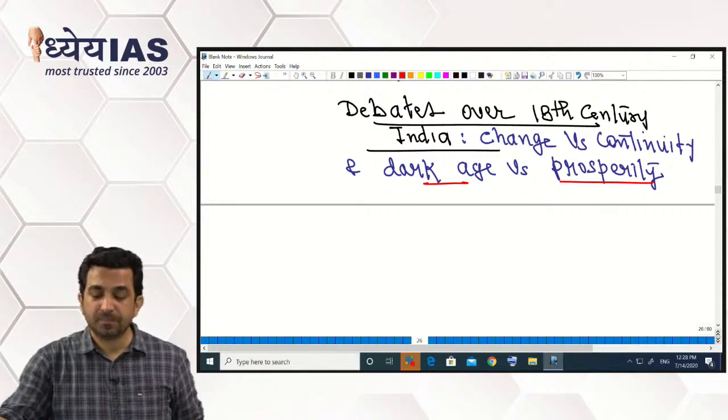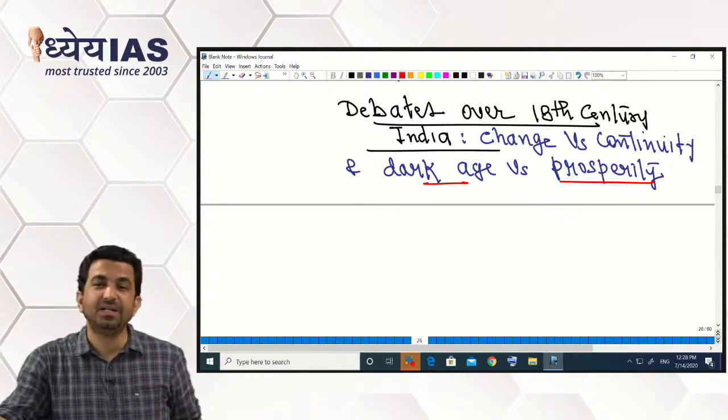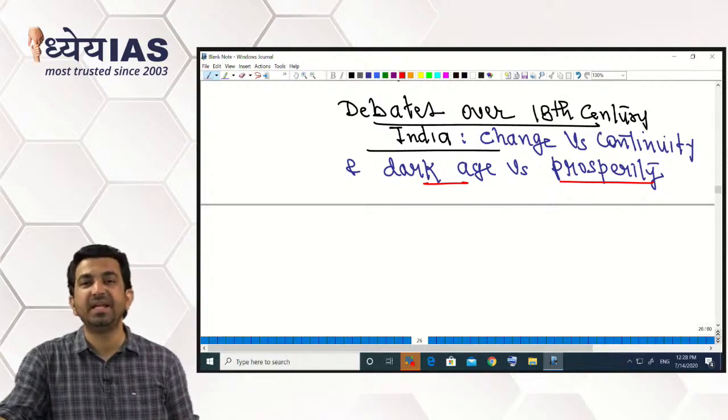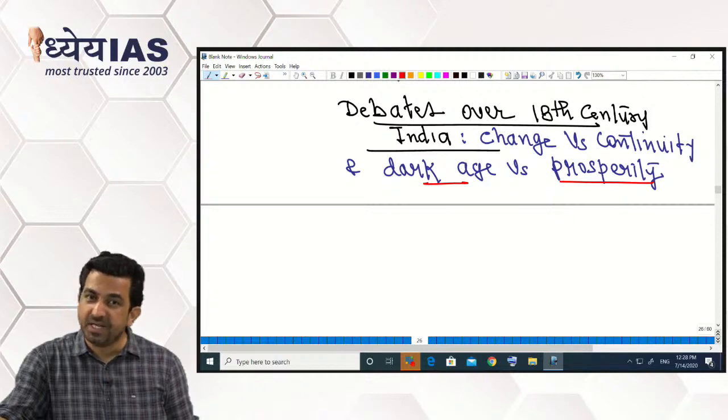Once the Mughal Empire was very powerful, but in the beginning decades of the 18th century it started breaking down and declining rapidly.